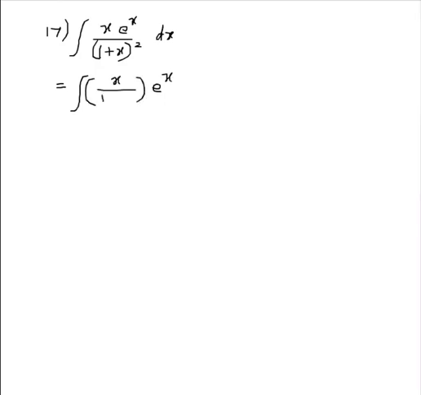Question 17. Integral x e power x divided by 1 plus x the whole square dx. If you have e power x and a bigger expression, always try to split it as f of x and f dashed of x.